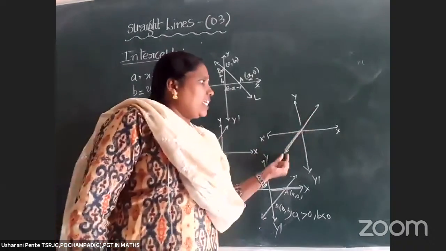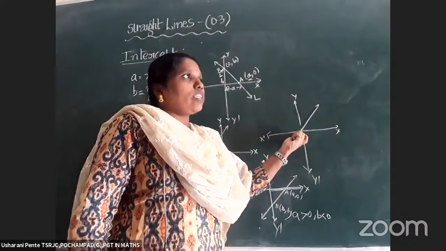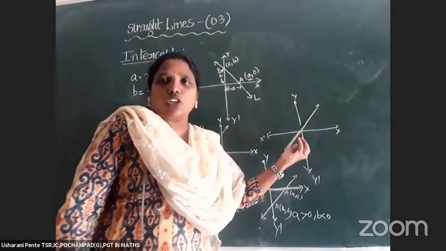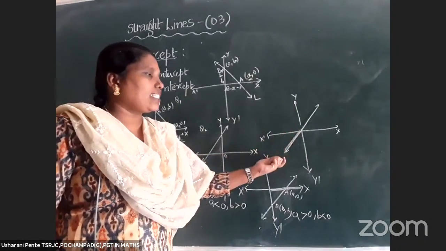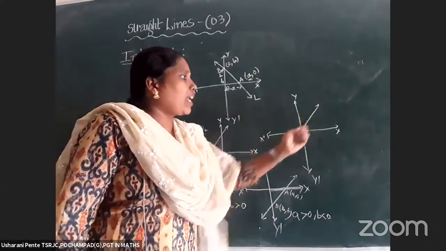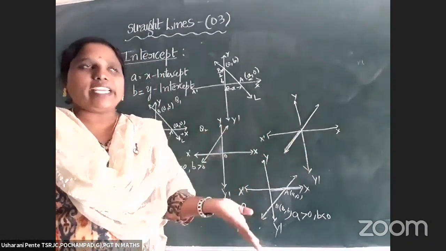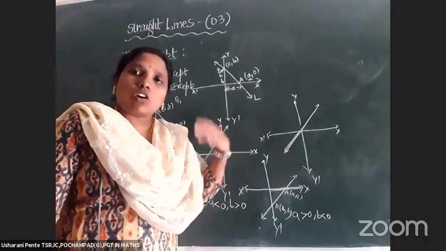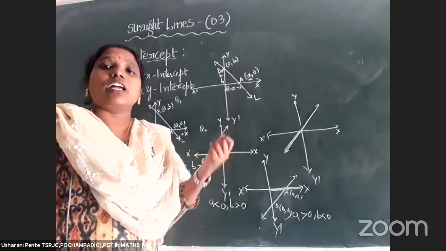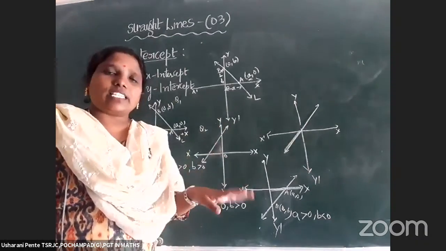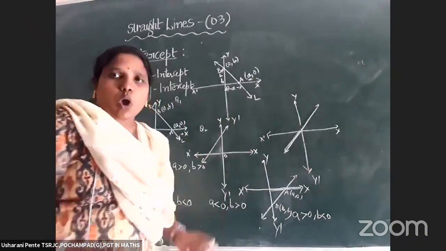But this line is not passing through any such point. Here the x-coordinate is 0, as well as the y-intercept is also 0. Therefore, a straight line passing through the origin does not have any x-intercept or y-intercept. Also, if a line does not have an x-intercept or a y-intercept, it passes through the origin.